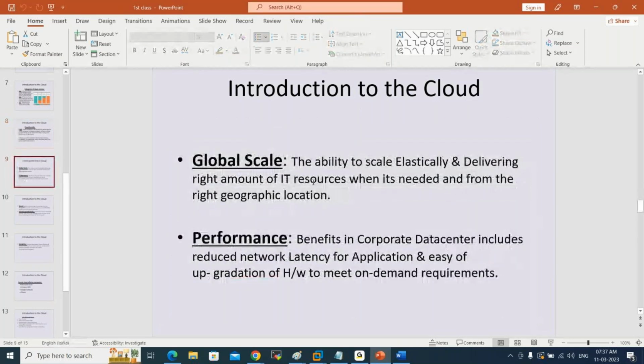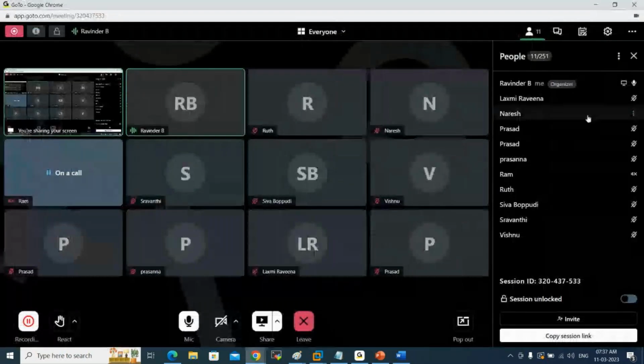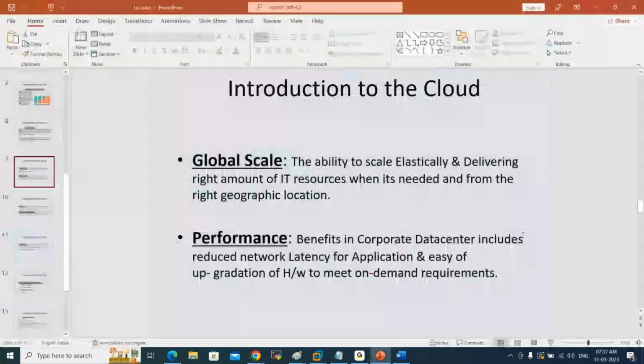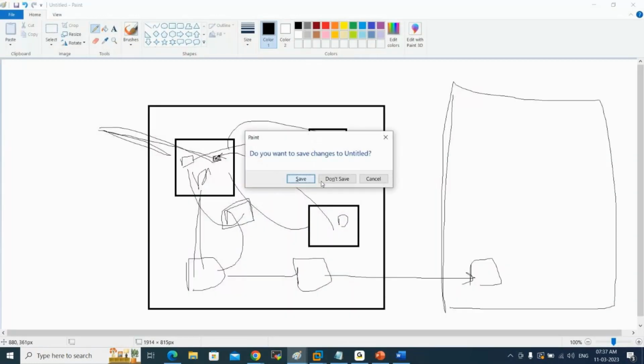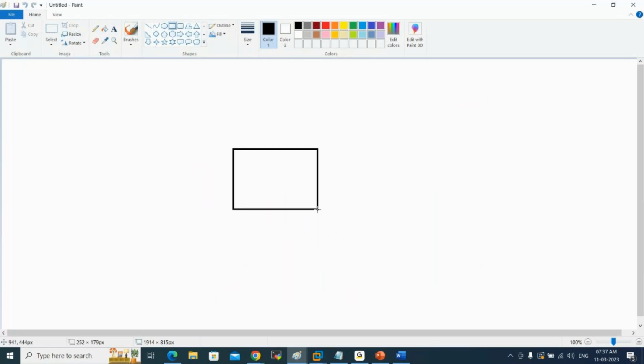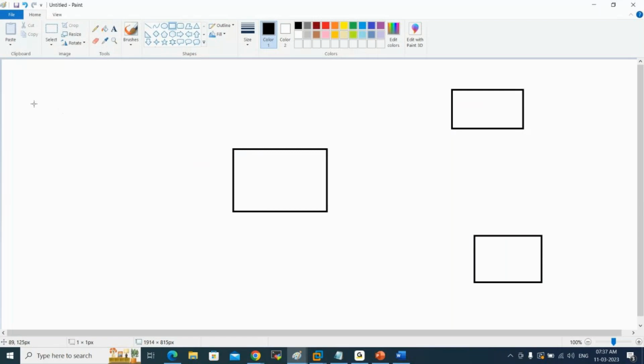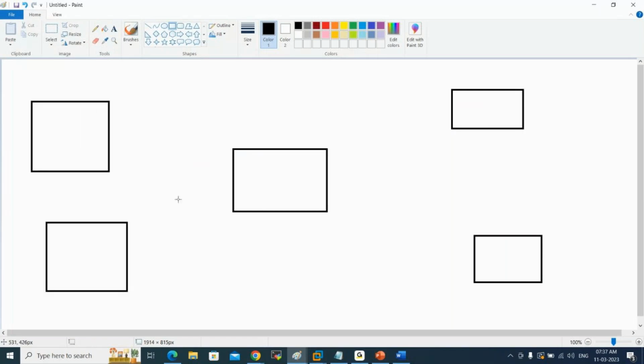Global scale. So when your business is growing, you are not going to run your business in one country, right? Everything is MNCs now, multinational companies everywhere. Everyone is growing globally. When they are growing globally, they cannot go to every country and build their own data centers, right? If I have a company in US, they are expanding to India, maybe Australia, maybe some countries everywhere.